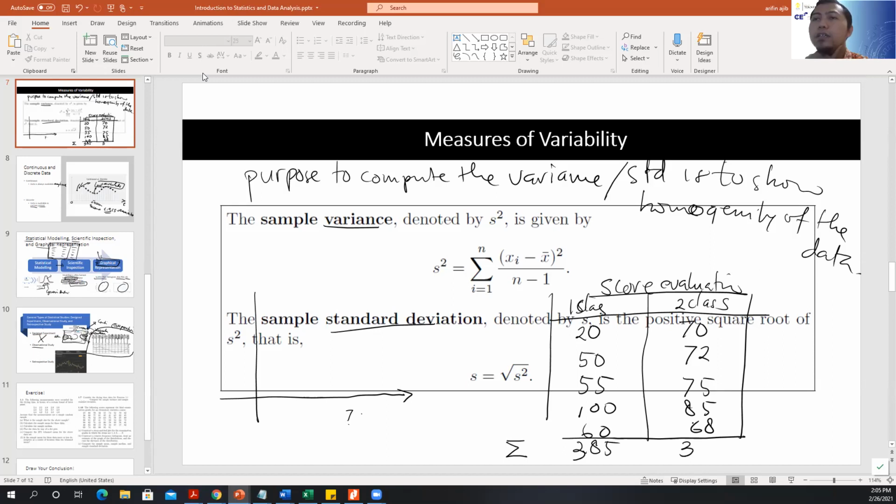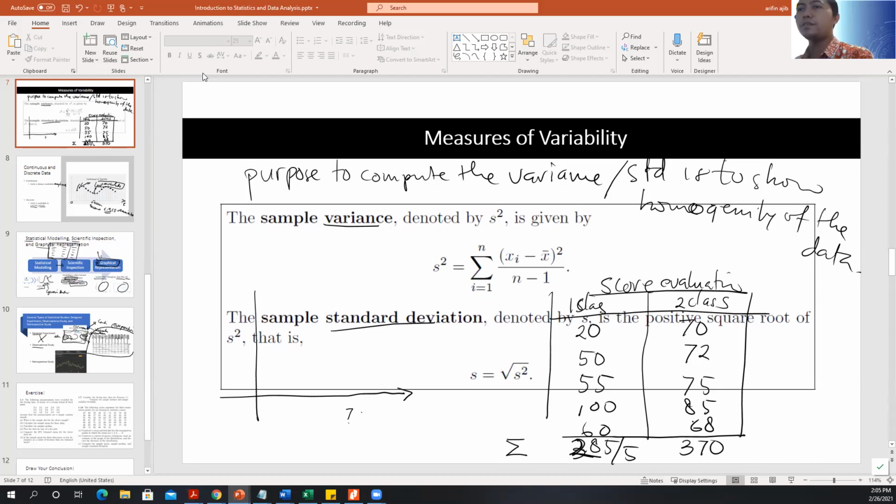The first class is 285. The second class is 370. Okay, please divide it by 5. It's 57, sir, for the first class. 57. How about this one? 74. 74. Okay.